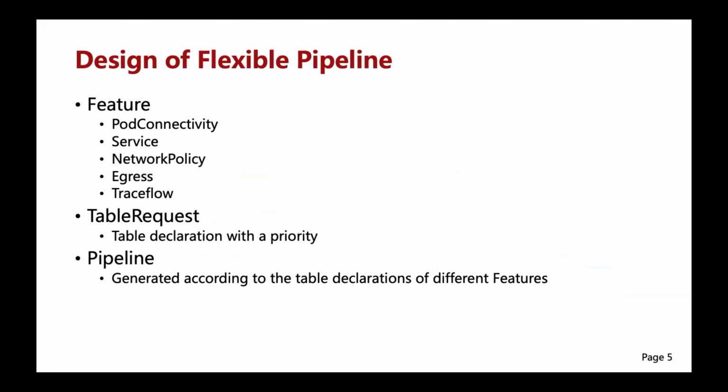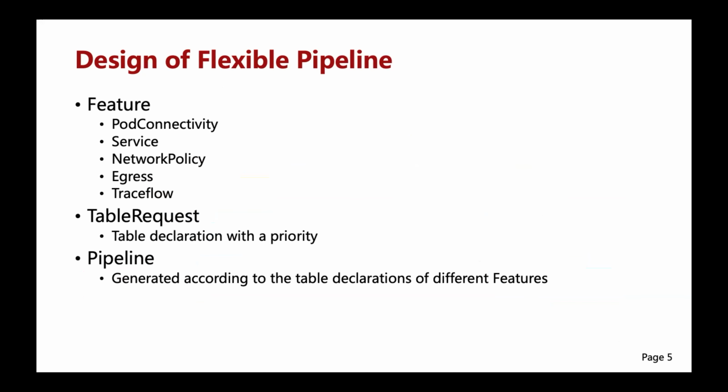Next is the design of the flexible pipeline. First, the concept of feature. A feature is a collection of a series of functions. Now we have 5 features. In the future, we may have more.